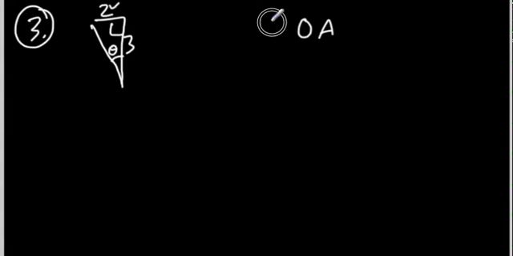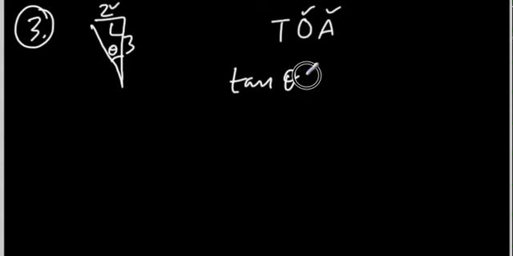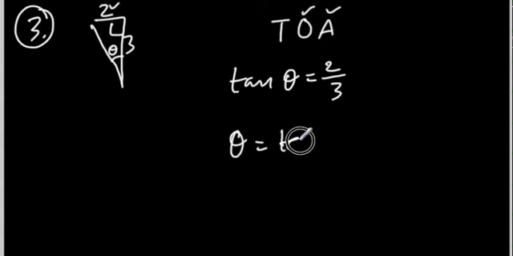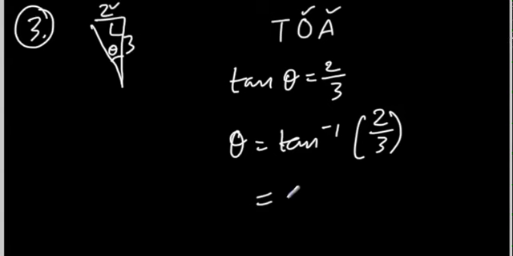So this must be TOA, right? So we have opposite, we have adjacent, so tan theta is 2 over 3. So theta must be tan inverse of 2 over 3, which is approximately equal to 33.7 degrees.